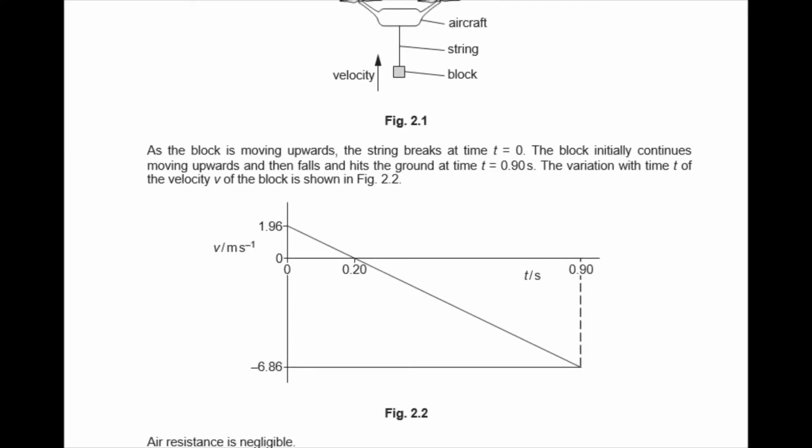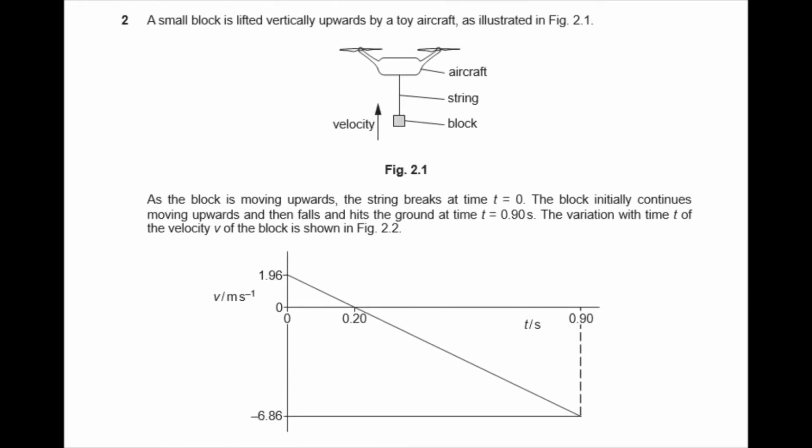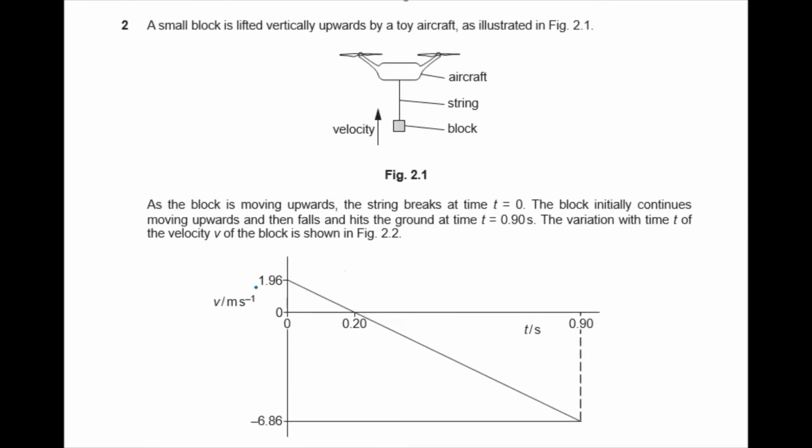So from graph 2.2, this is the initial speed. So initial speed u1 equals 1.96 meter per second. Then after that, when t equals 0.2 second, velocity is 0. So at the maximum height, velocity equals 0.